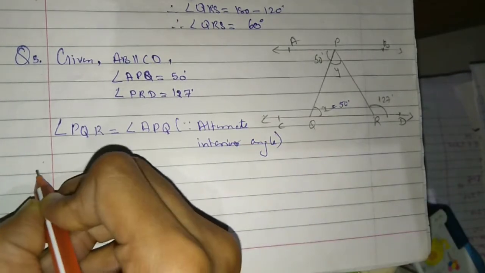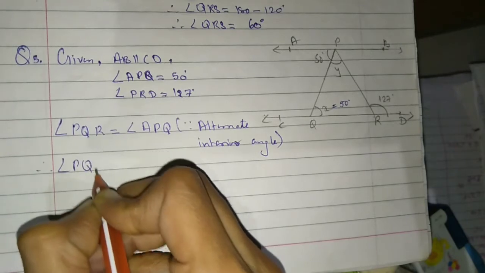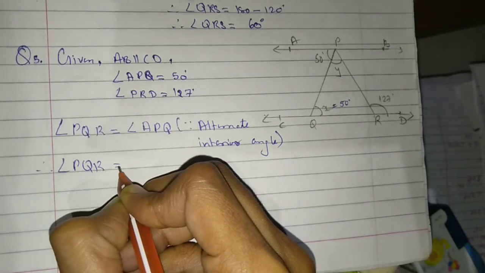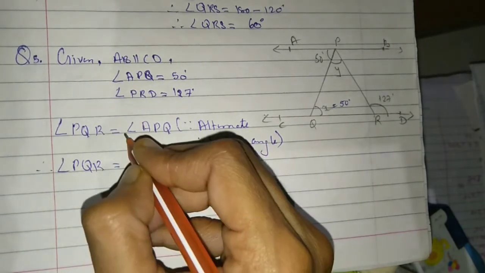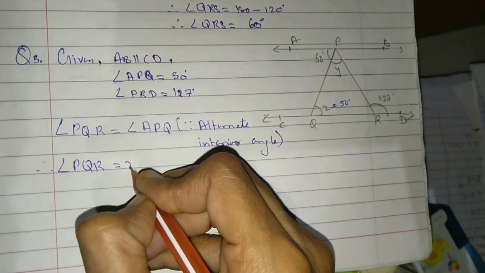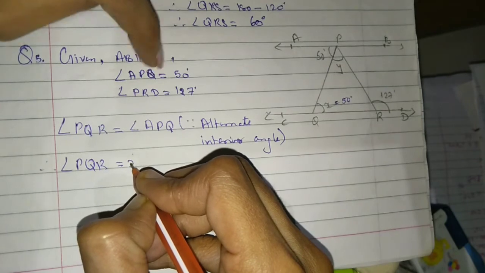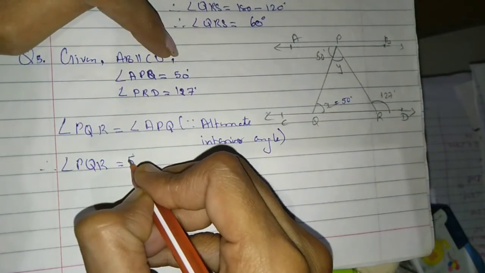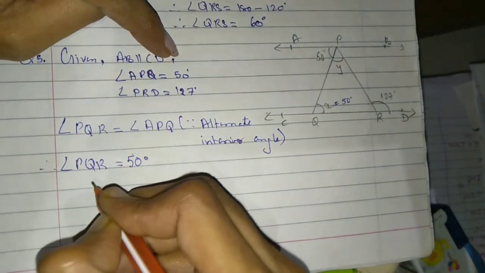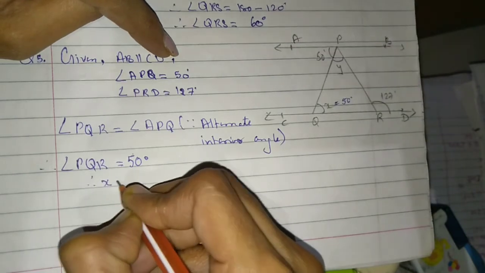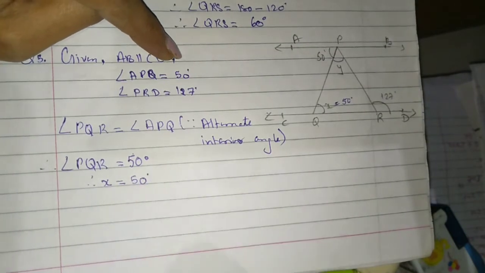Therefore angle PQR is x, equal to 50 degree.